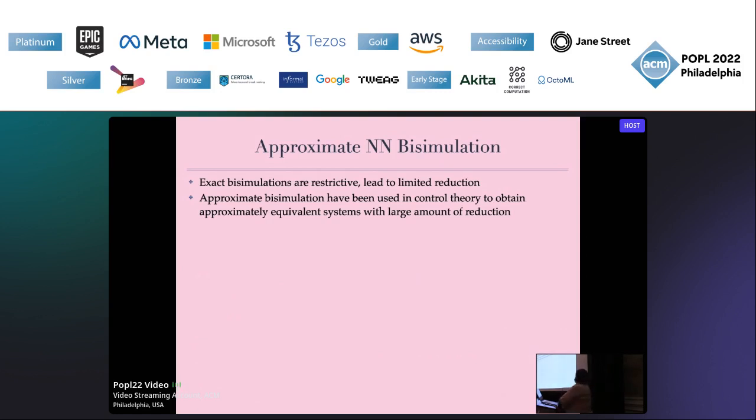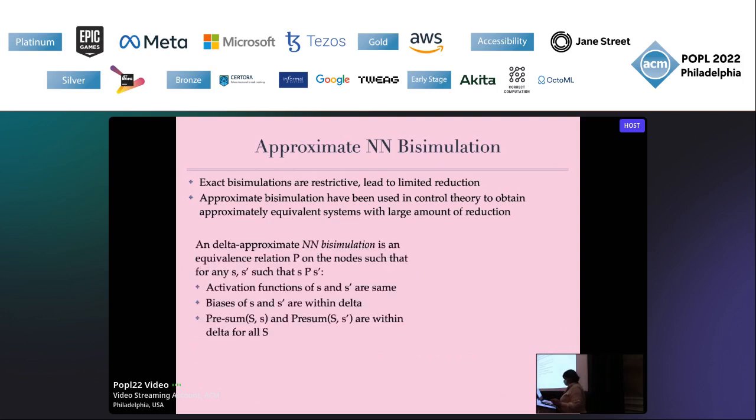The notion of approximate bisimulations has been used in multiple places. In particular, in control theory, these notions have been used to obtain approximately equivalent systems that lead to a large amount of reduction. So we define the notion of a delta approximate NN bisimulation, which is again an equivalence relation on the nodes of the neural network.